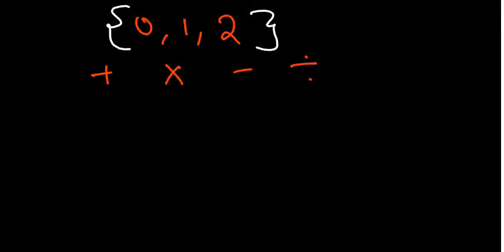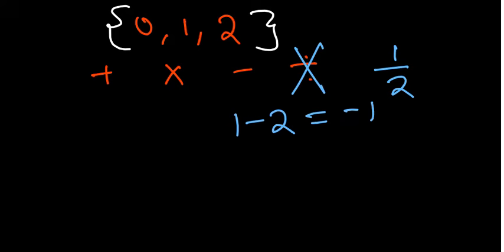Division will not work. Why? Because if I try 1 divided by 2, it is 0.5, which is not part of the set. So division is not a binary operation. Subtraction, what if I said 1 minus 2? It is negative 1, which is not in the set. Of course, 2 minus 1 is fine, but think of things that are going to disqualify it.